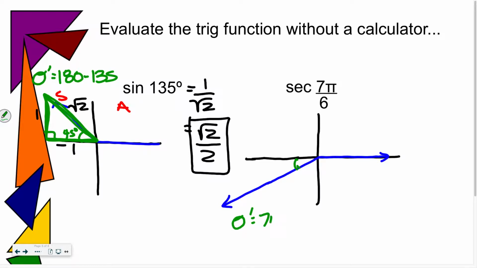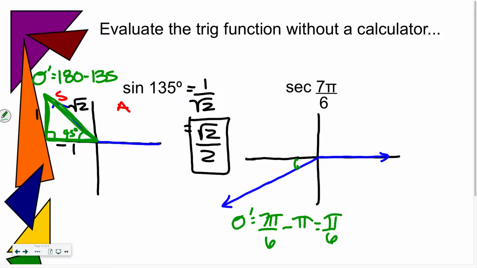So you would take 7 pi over 6, which we just said was 1 and 1/6, and we will subtract 1 pi, which will leave us with 1/6. Pi sixths, which is which angle? It's the 30 degree. Okay.